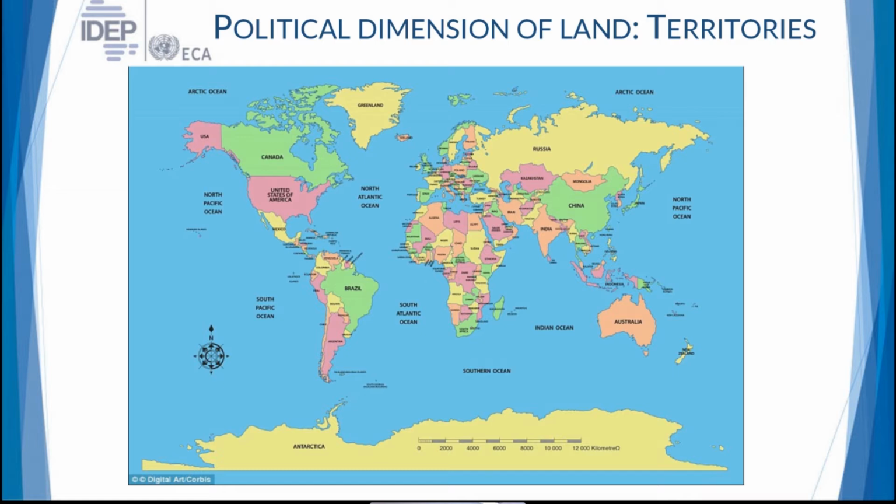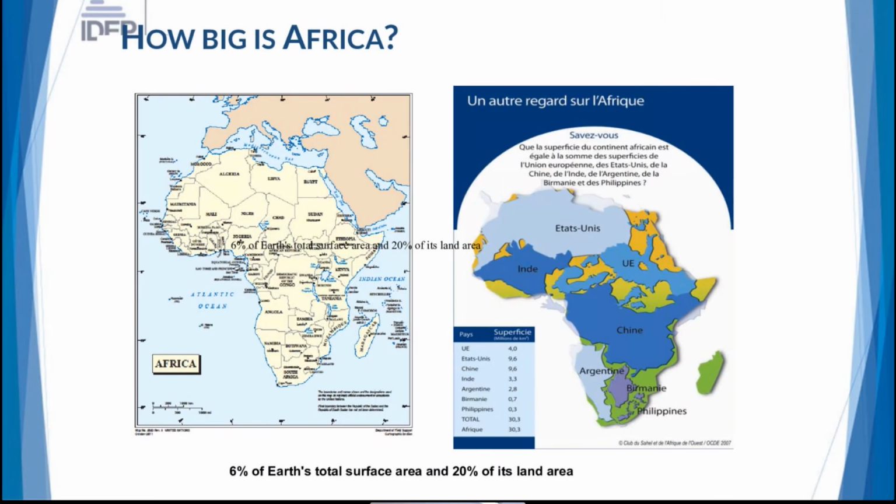The map represents national territories over which different governments have sovereignty. You see the different 55 AU member states. So land is not only about natural resource, it also has a political dimension as it is about national territories.